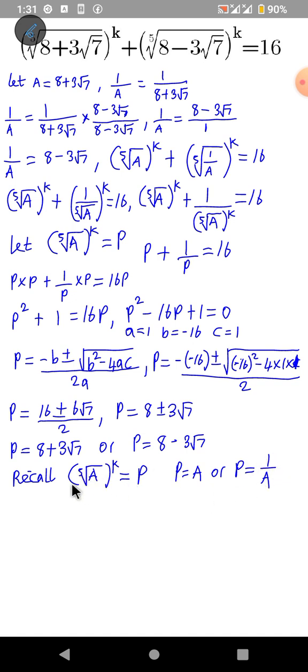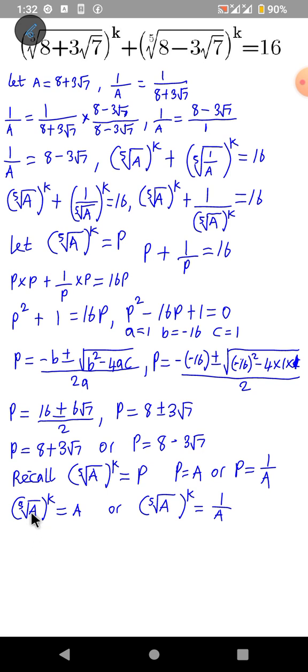So now in this expression here, I can say that the fifth root of a raised to the power of k is equal to, instead of p here, I'm going to write a, or again the fifth root of a raised to the power of k is equal to 1 all over a.